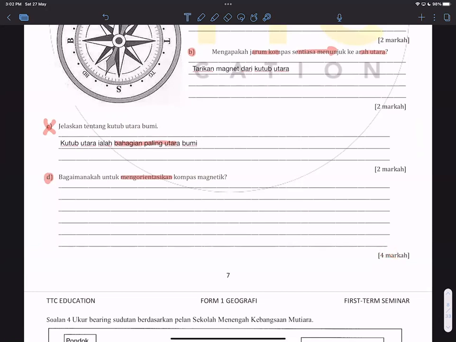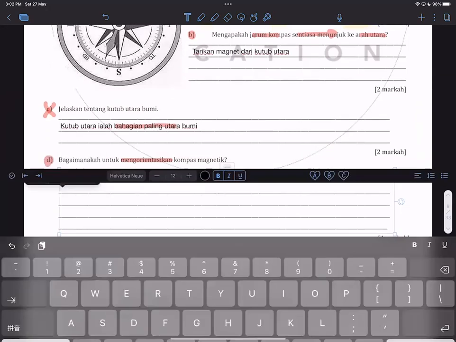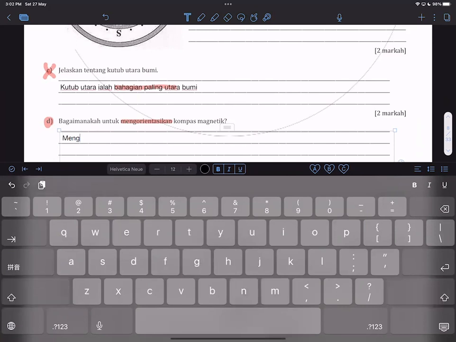Okay, so the first method, bagaimana? Starting from the second sentence, mengorientasikan kompas magnetik, facing, menghadapi ke arah objek yang ingin ditentukan.